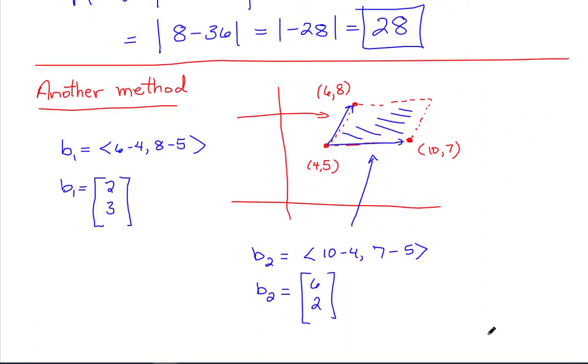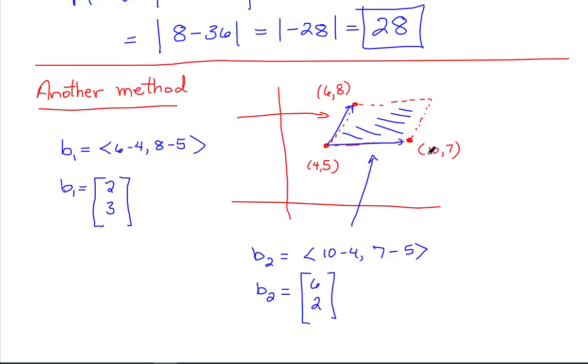Another way, rather than shifting them back, is if we have a parallelogram here, and this is 4, 5, 6, 8, I could form the vector going from 4, 5 to 6, 8 simply by taking 6 minus 4, 8 minus 5, and I get B1 is 2, 3.